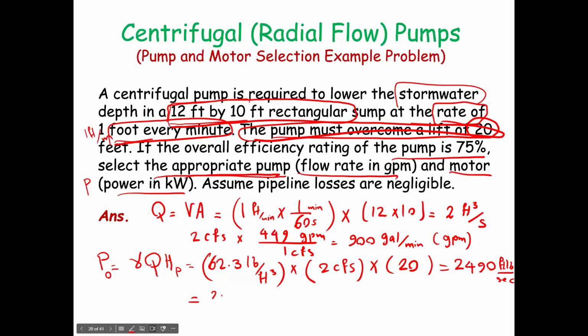Another change of unit. If you are going to change this to horsepower, which is the famous one for power, 1 horsepower is equal to 550 foot-pounds per second, which gives you 4.3 horsepower.